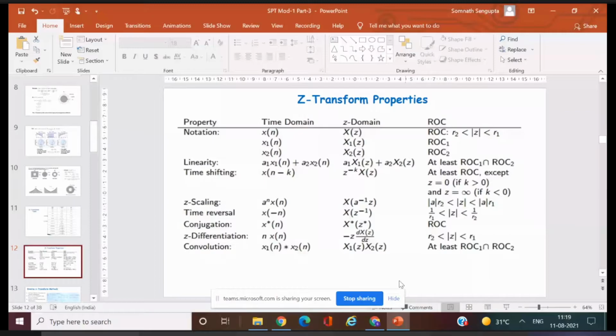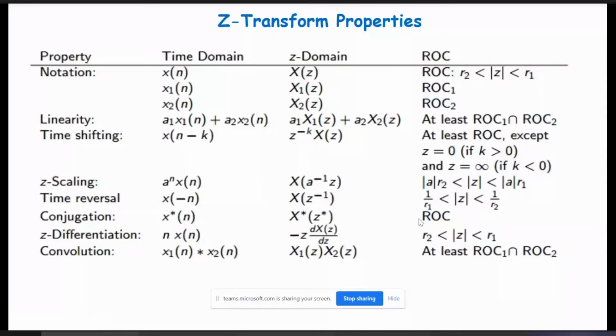So we are discussing the property of time shifting. If you delay the time domain signal, then in Z domain it is multiplied by z to the power minus k. Time reversal: in Z domain, the variable z changes to z inverse. I am not discussing the effect on ROC because it takes a lot of time to explain.